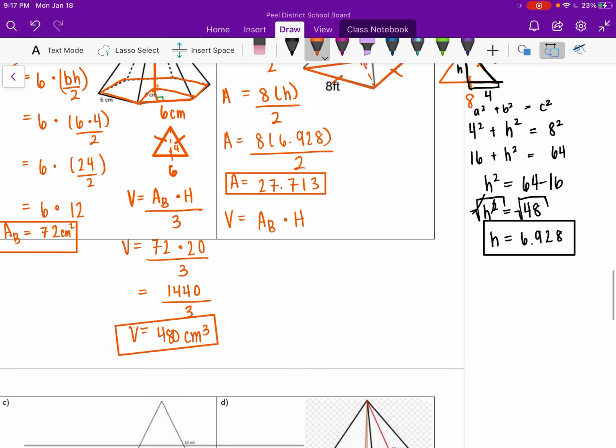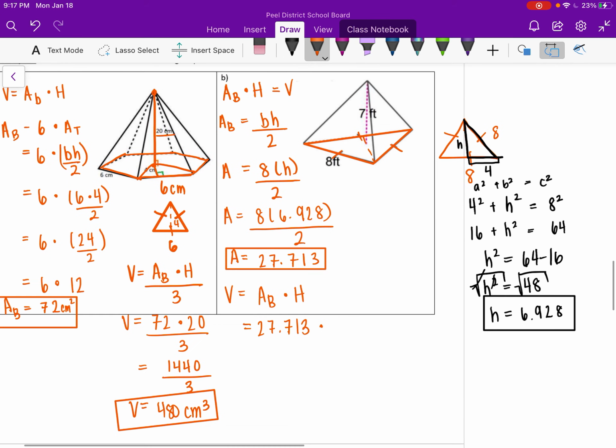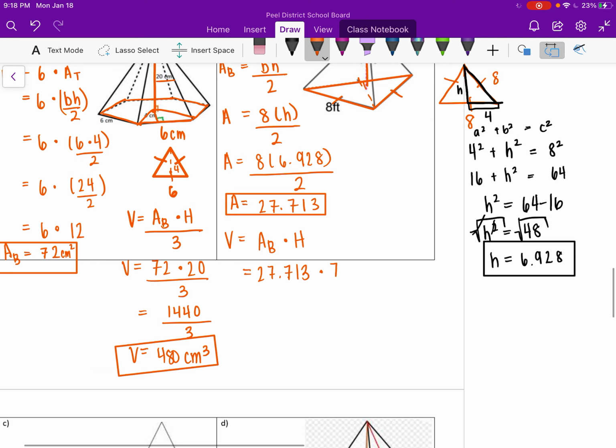My area of the base is 27.713 times the height, which, if you go from here to here, is just 7 feet. I'm not going to write the feet in. Times 7. I just kept using ANS, so you may have a little bit of a different number. But I got 193.